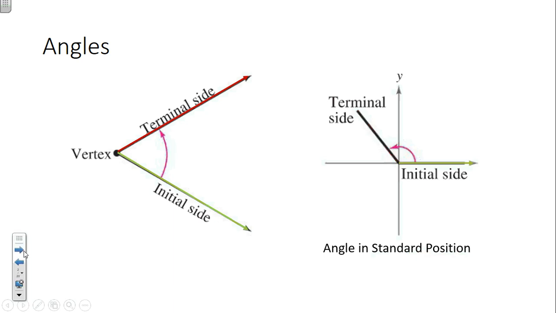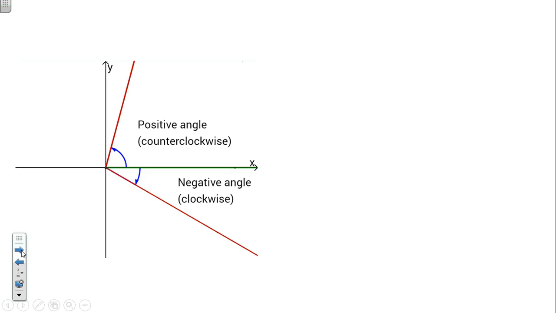So when we measure the angle from the initial ray of the positive x-axis, and we go in a counterclockwise direction, then we are using a positive measure. From the initial ray of the positive x-axis counterclockwise, that's a positive angle.